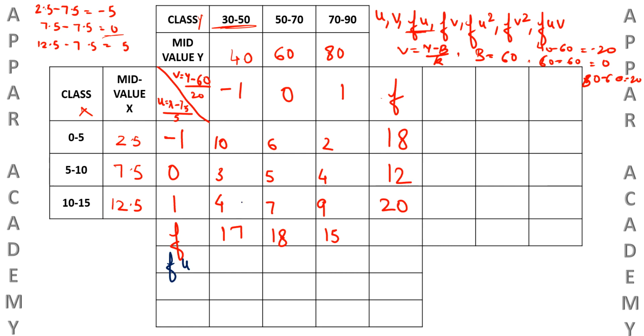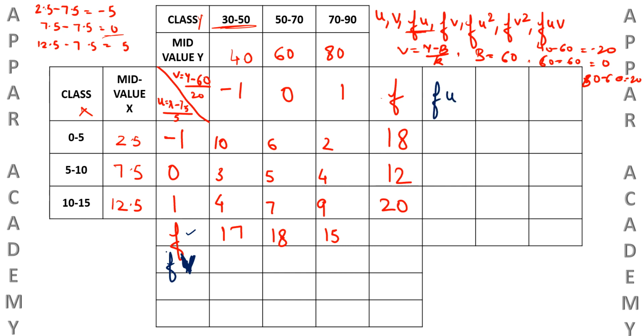Okay, so fu is simply f multiplied by u. So these are again marginal, right? Because it's all marginal fu. So this is f into u. We'll write it down over here as fv because these are the column thing, and over here we'll write down fu.